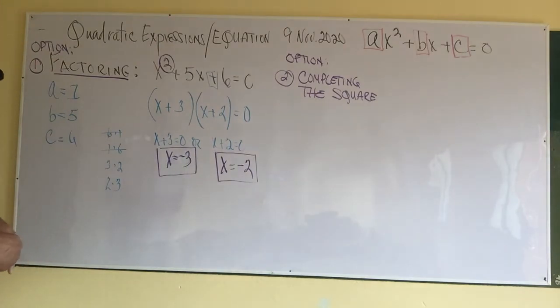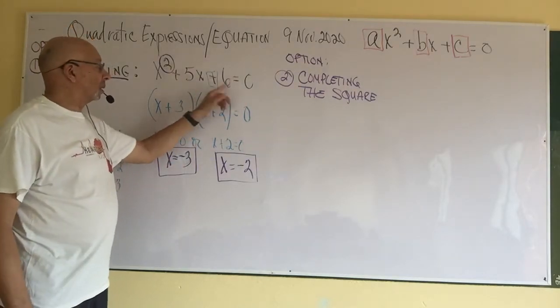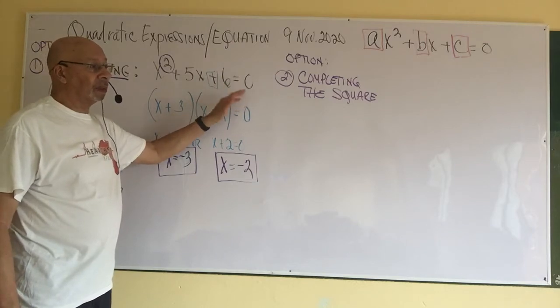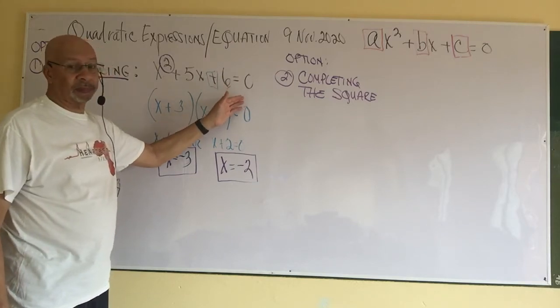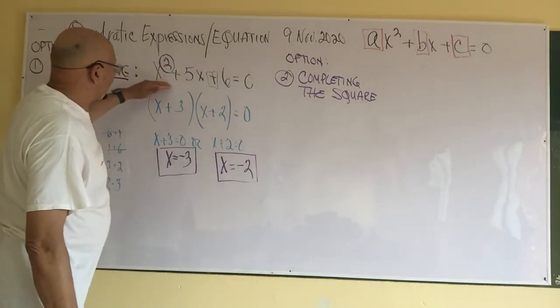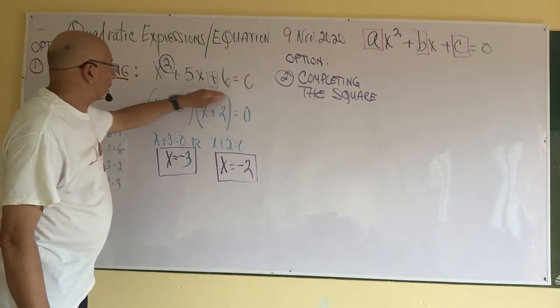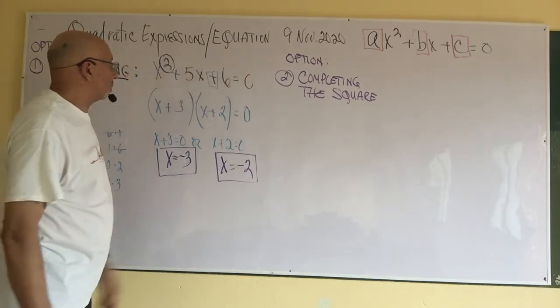The one we've talked about already in dealing with quadratic equations or expressions only makes sense when it's an equation. If you don't have an equal sign, there's really no practical purpose for working something out. So this is a quadratic expression without the equal 0, and it is an equation when you add the 0.